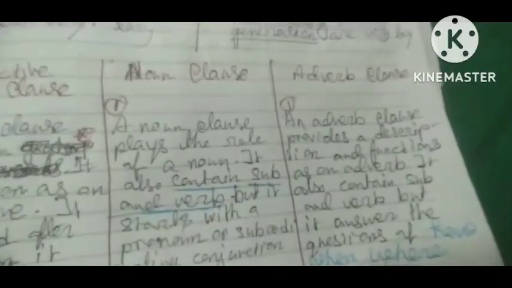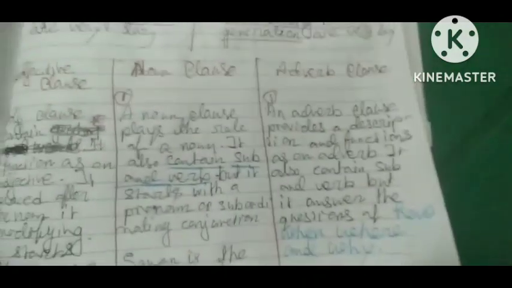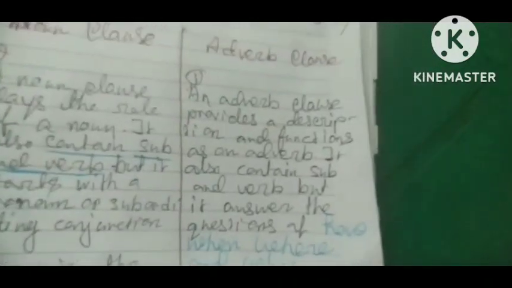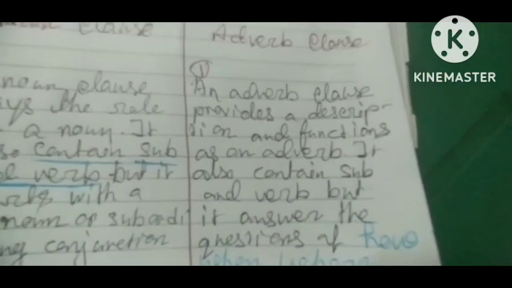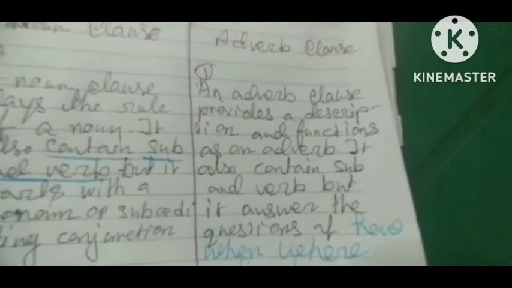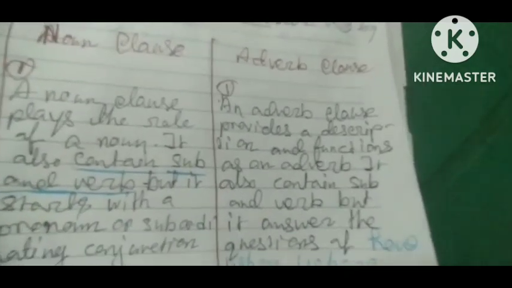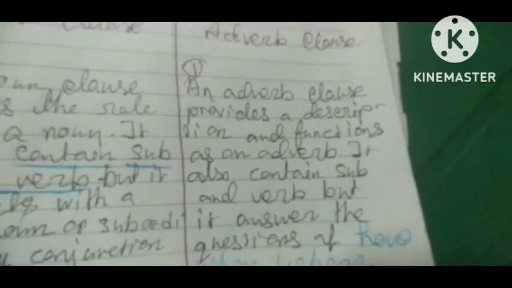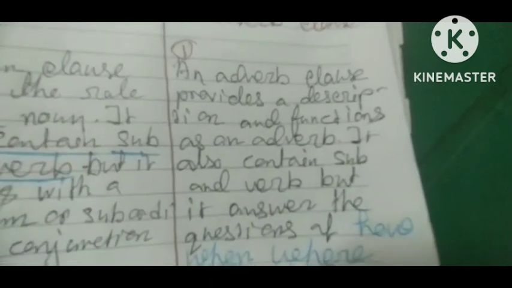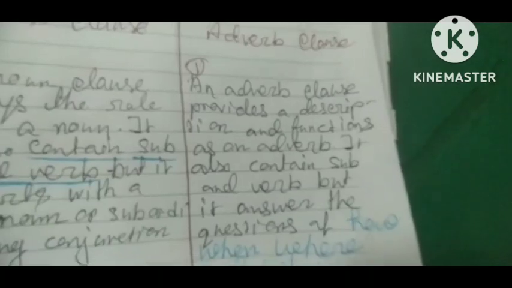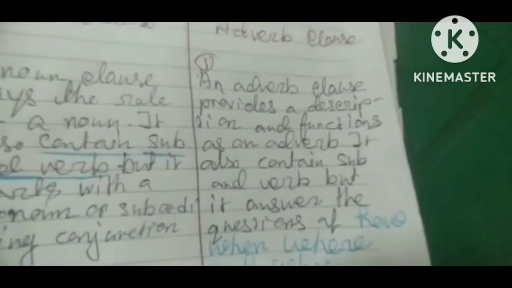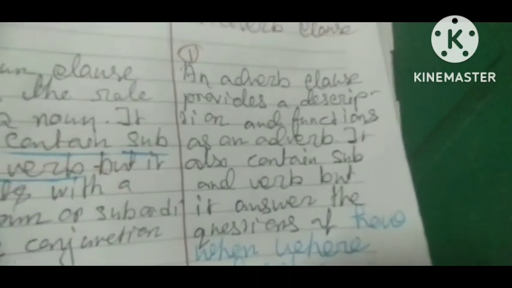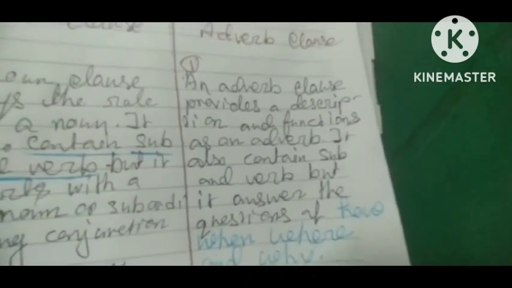Okay, and what is the difference of the adverb clause? We know an adverb modifies the verb, qualifies the verb or describes the verb. An adverb clause provides a description and functions as an adverb.